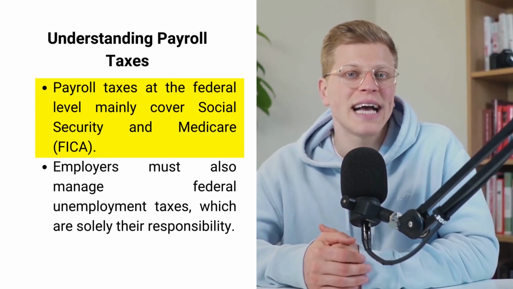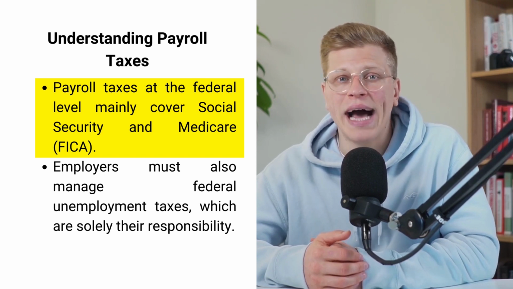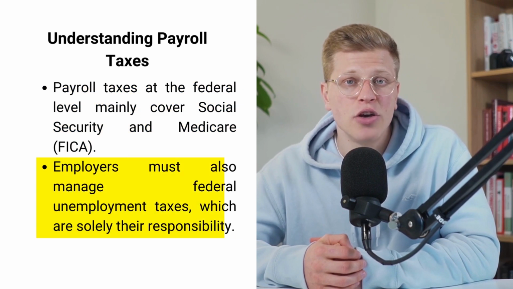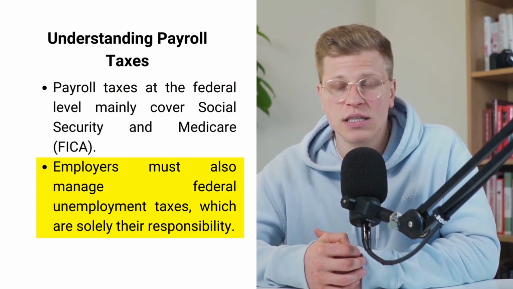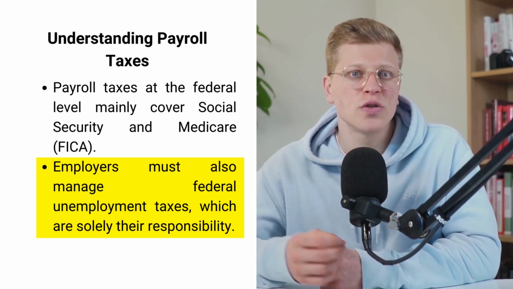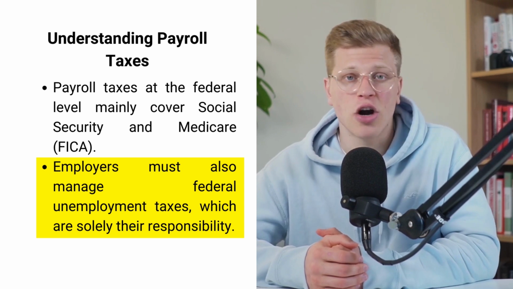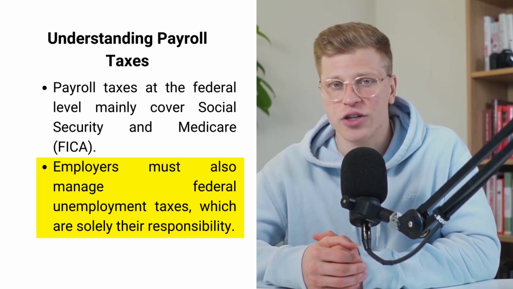Understanding payroll taxes. At the federal level, payroll taxes primarily cover Social Security and Medicare, collectively known as FICA, which stands for the Federal Insurance Contributions Act. You'll often see these listed as MedFICA and FICA on employee pay stubs. While federal income tax that is also withheld goes to the U.S. Treasury's General Fund, FICA contributions are specifically allocated to fund the respective Social Security and healthcare services.